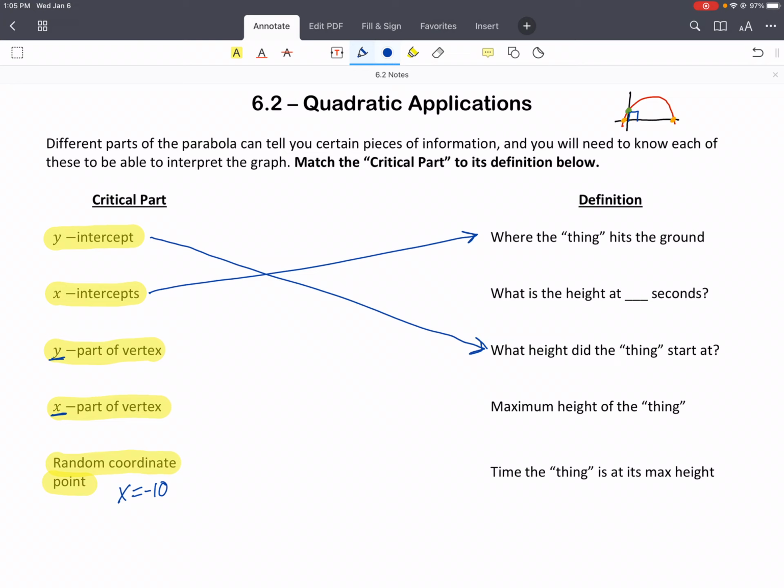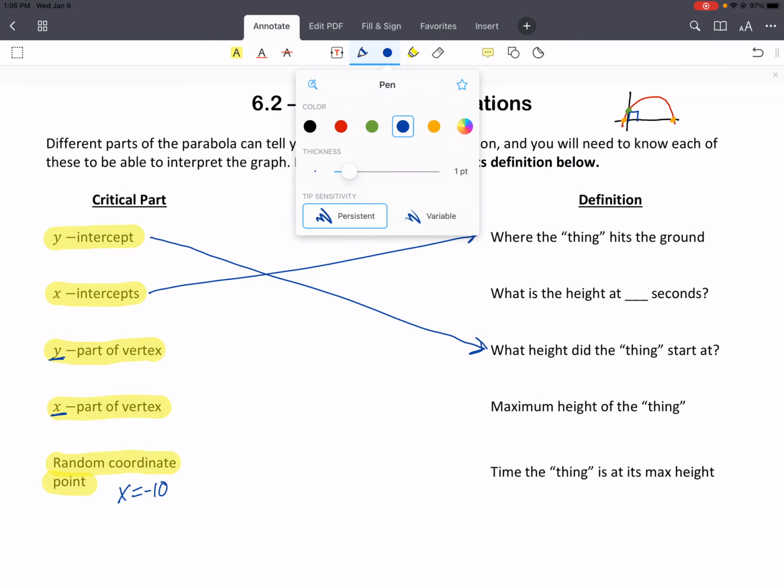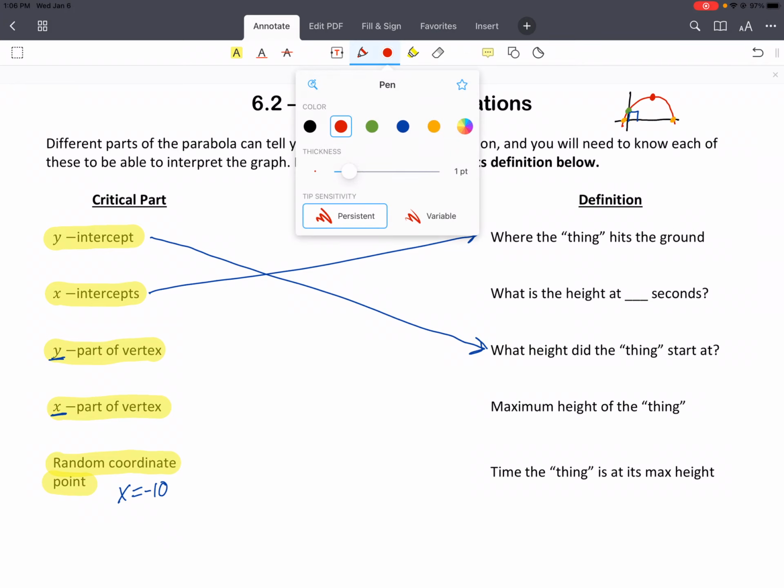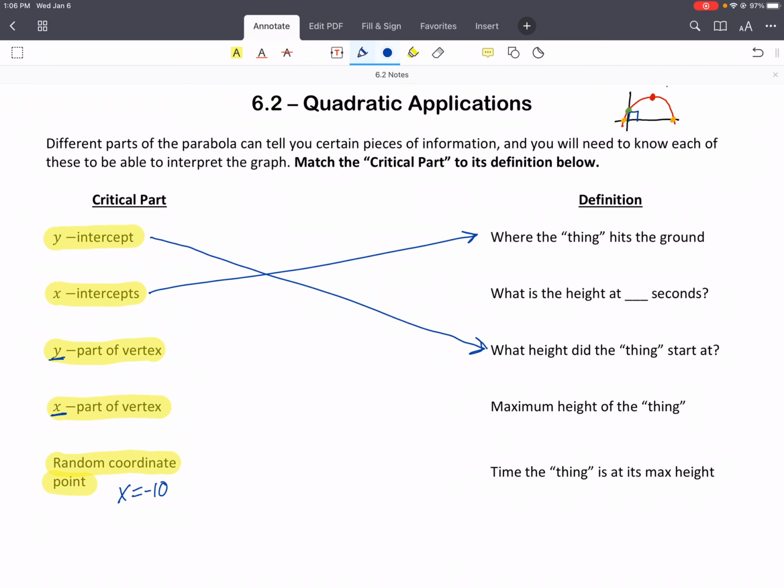Okay, then we're also going to have to look at the vertex. So with this one, it'll be our highest point. So the coordinate for our vertex is going to be x and then y.